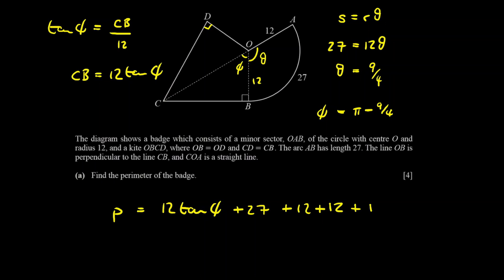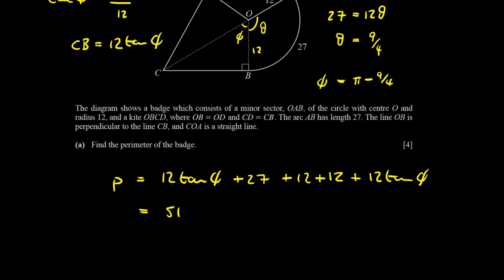So plus 12 tan phi. So if we put all this together, we've got 27 plus 24, which is going to be 51, and plus 24 tan phi. And phi was pi minus 9 upon 4.